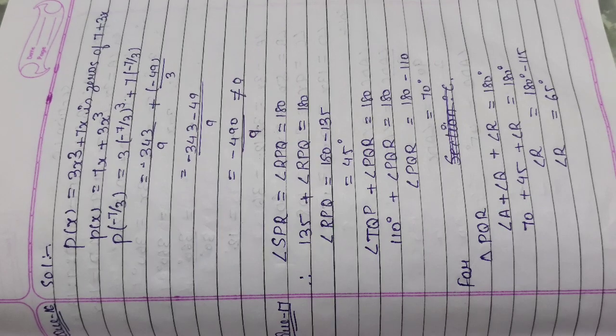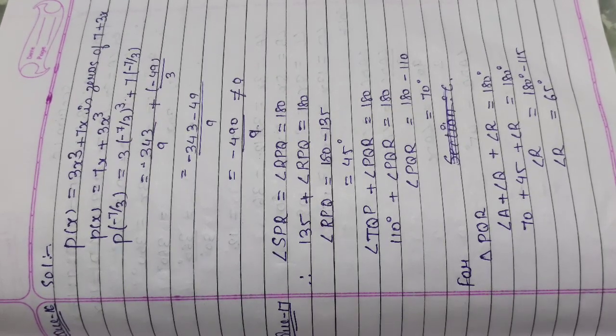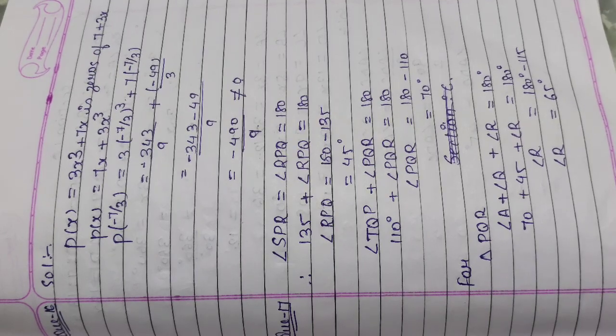We can take minus 7 upon 3 as x. Now P of minus 7 upon 3 is equal to 3 multiplied by minus 7 upon 3 cube plus 7 under root minus 7 upon 3. So here your answer will be minus 490 upon 9, which is not equal to 0.